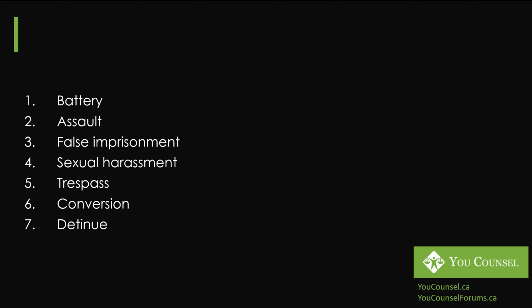Battery and assault are often mixed. People consider assault as battery, but battery is slightly different. Battery is interfering with someone's bodily integrity, right? So touching someone without permission could constitute battery. A common example is hockey players. When hockey players come into contact with each other during the game of hockey, they're actually committing the tort of battery.